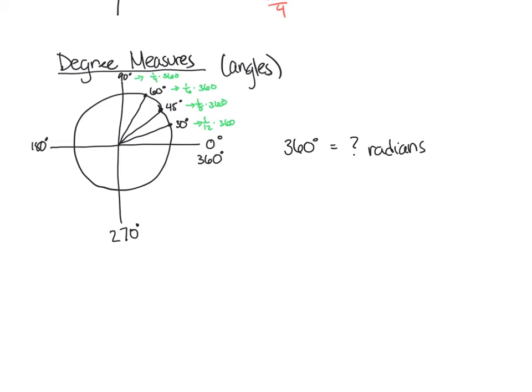For us specifically, because we are using the unit circle, we can say that 360 degrees is equal to 2 pi radians. So let's simplify this. I can divide both of these by 2, and I get that 180 degrees is equal to pi radians. And that's something that you can see on the unit circle, which is fine.